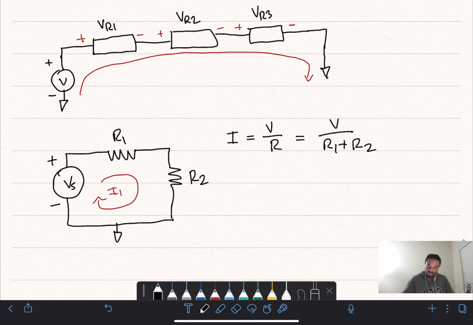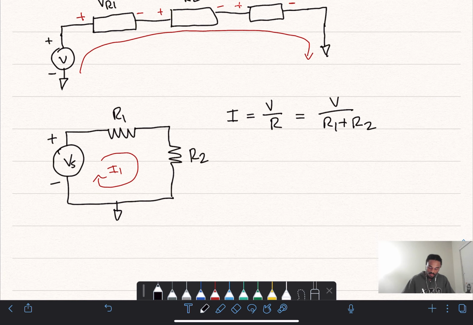Then for voltage division, we want to find the voltage at a specific point. So to find the voltage across R2, if you were measuring plus to minus here across R2, that will be our output voltage. Let's say V out.